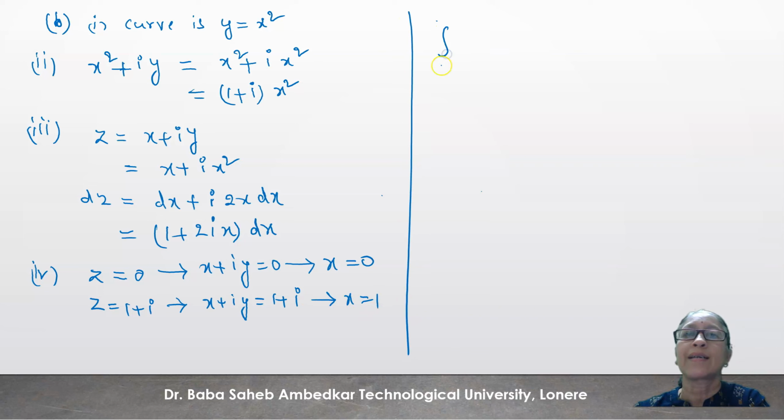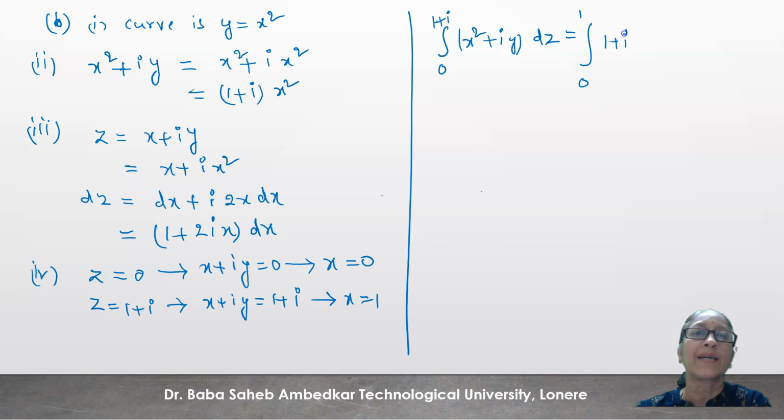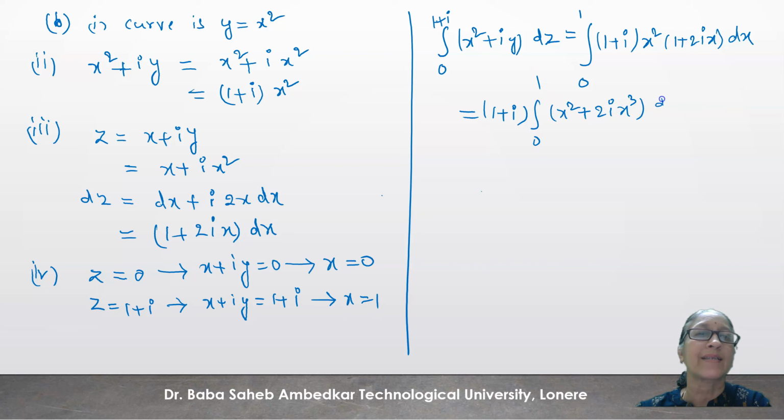Now the integral from 0 to 1 plus i of (x squared plus iy) dz equals the integration from 0 to 1 of (1 plus i) into x squared into (1 plus 2ix) dx. So (1 plus i) we can write outside, integral 0 to 1 of (x squared plus 2ix cubed) dx.